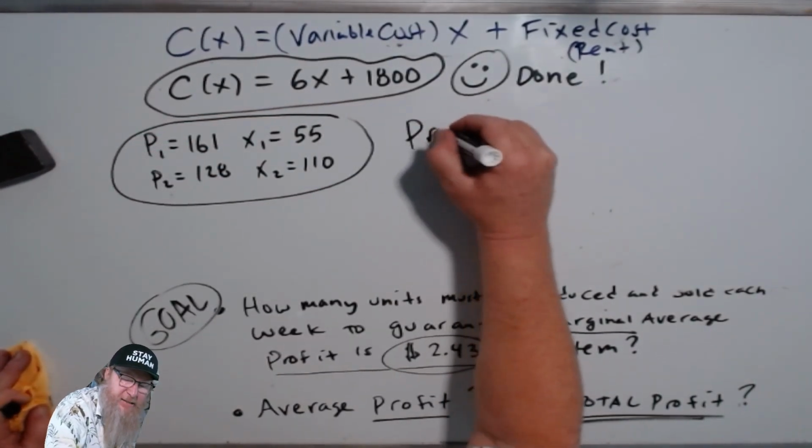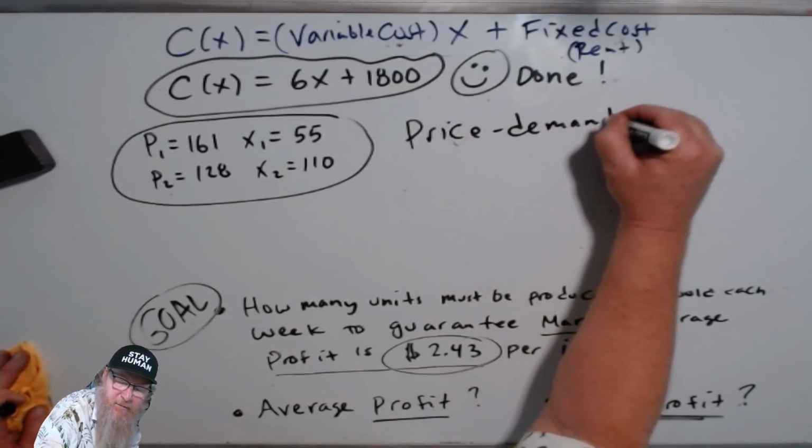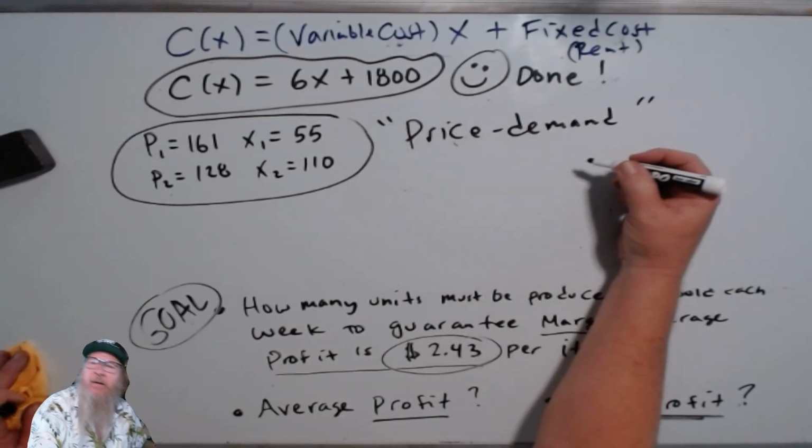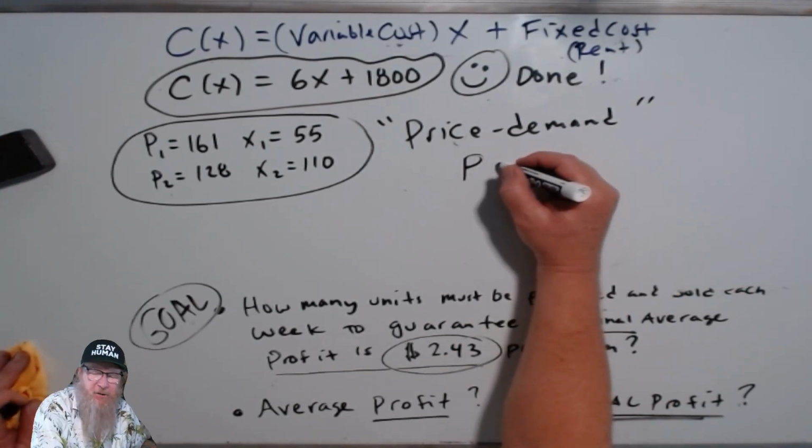This is called price demand. You've seen this before. So price is a function of X.